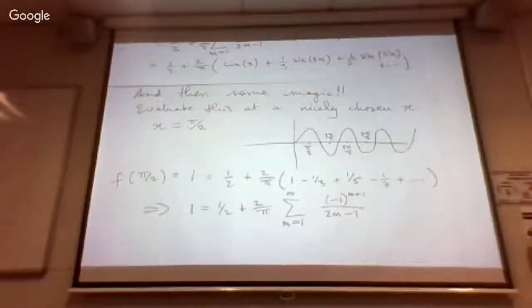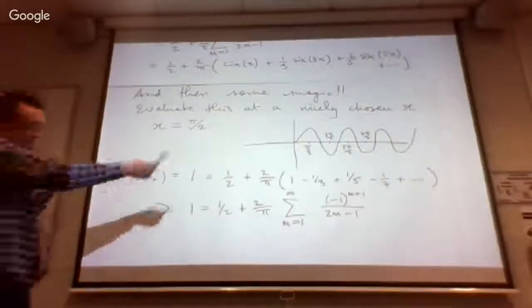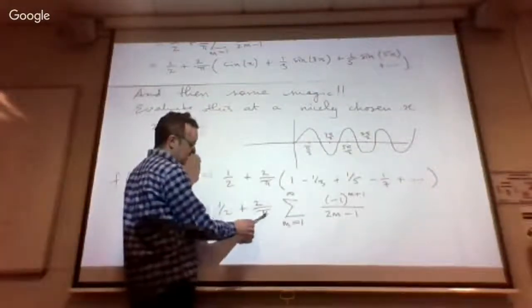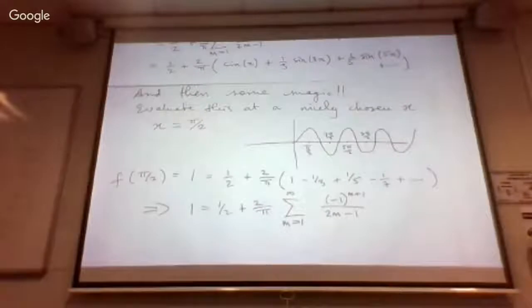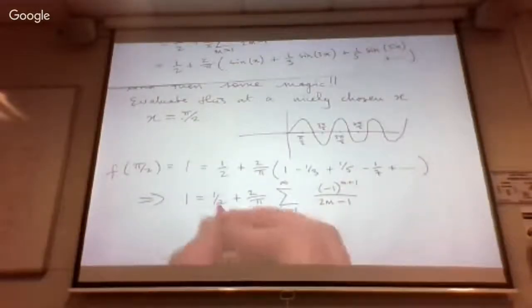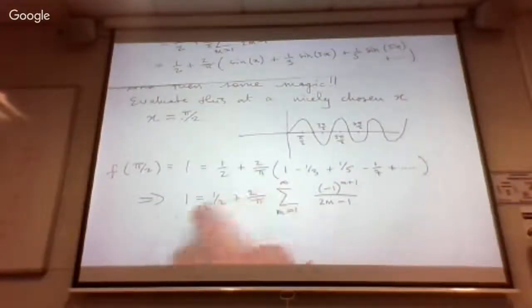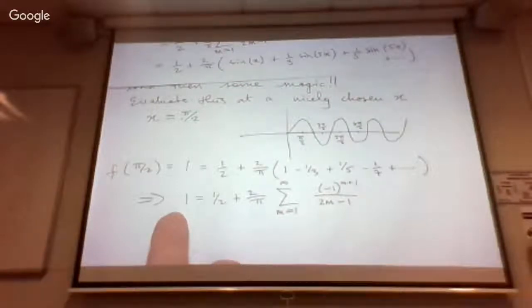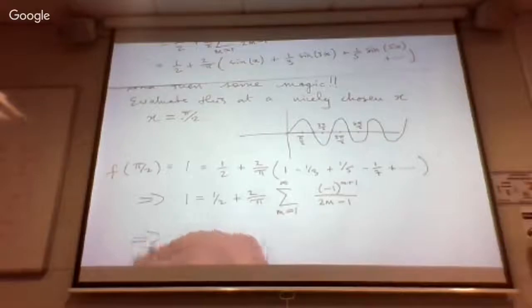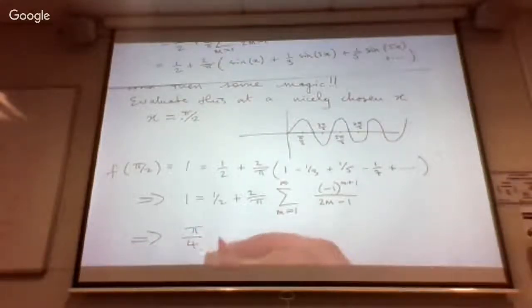What we got here, also lurking in here, is pi. So you bring the half over to the other side, then clear the 2 over pi by multiplying both sides. It's telling us that pi over 4 is equal to this sum.